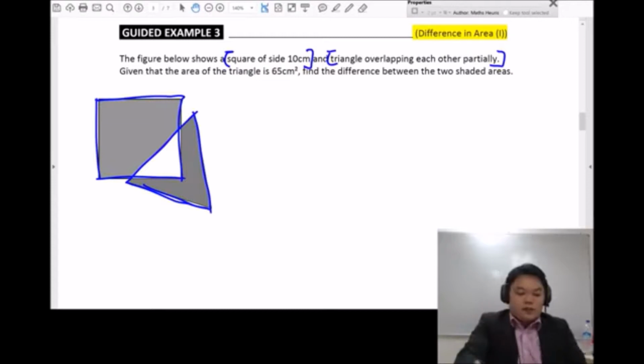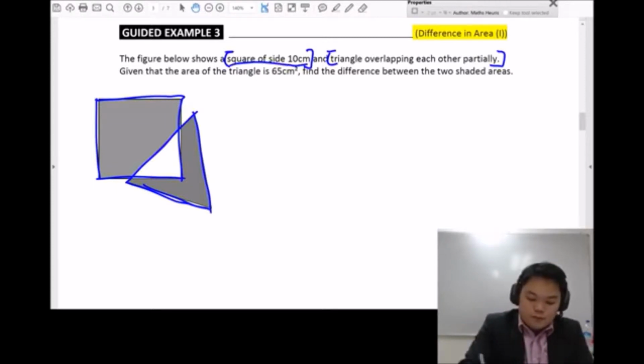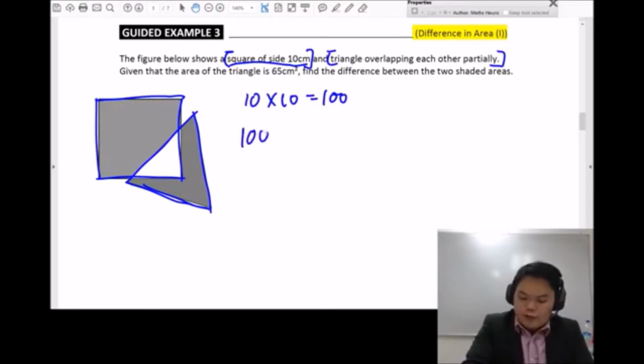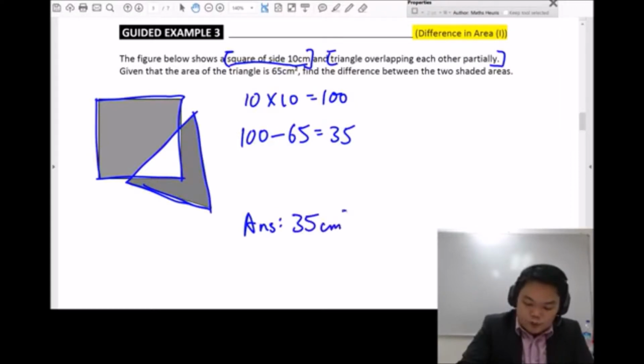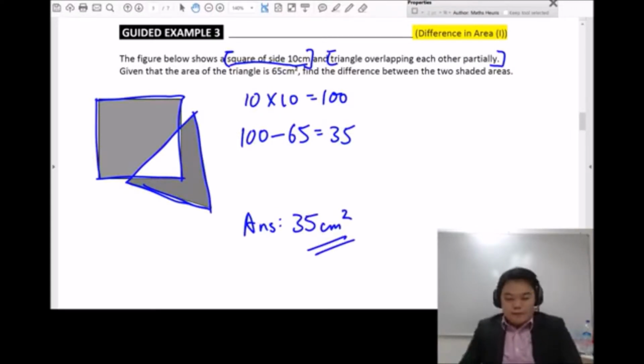Now, the area of the square would be 10 times 10 to be 100. We take 100 and minus 65, and then we have 35. Then the answer here must be 35 cm squared. You only need these 2 lines at most. So the next question is, how do we come to this?